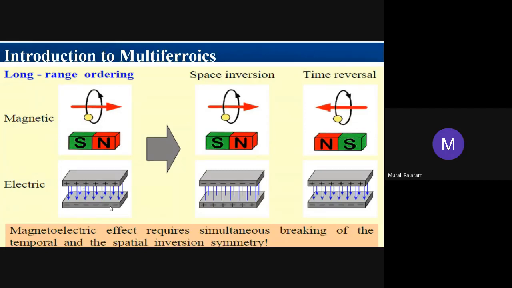Similarly, for electric polarization, you will have an electric dipole like this. If you want to reverse this polarization, you are reversing the space symmetry. If you reverse the space inversion, you are reversing the electrical polarization. Similarly, if you reverse the time symmetry, you are reversing the magnetic polarization, but your electric polarization remains the same.